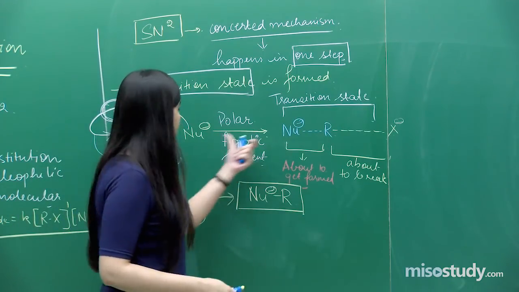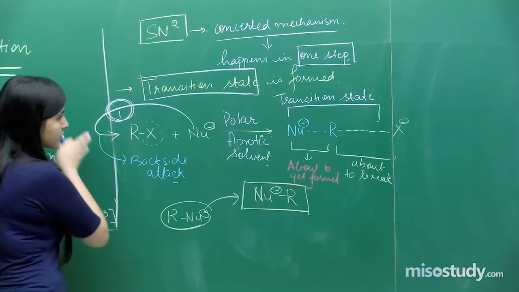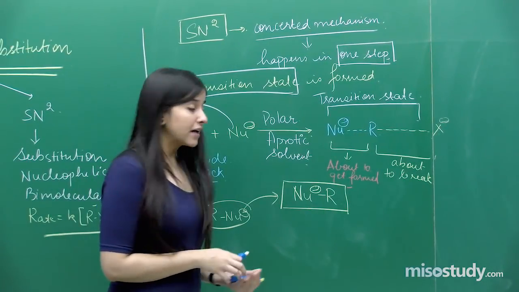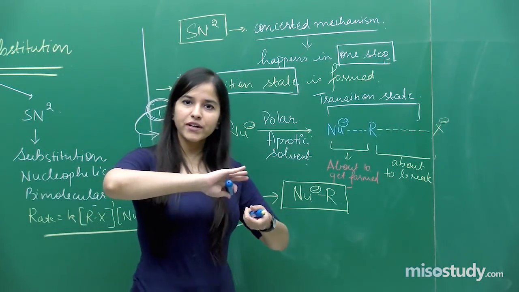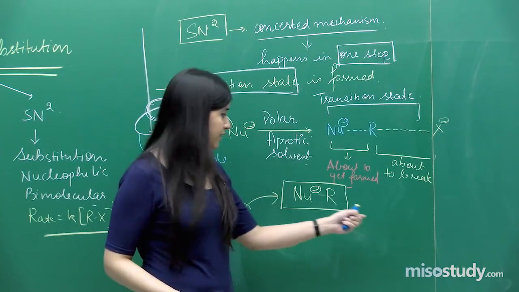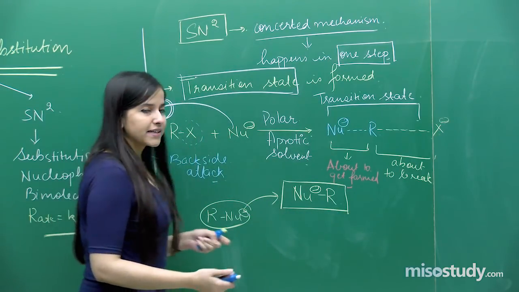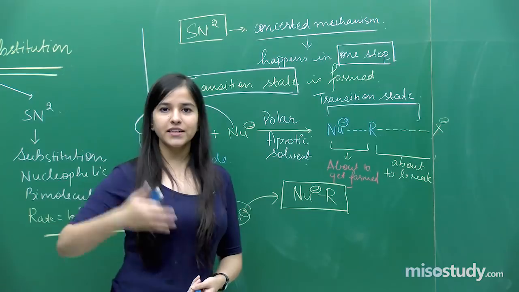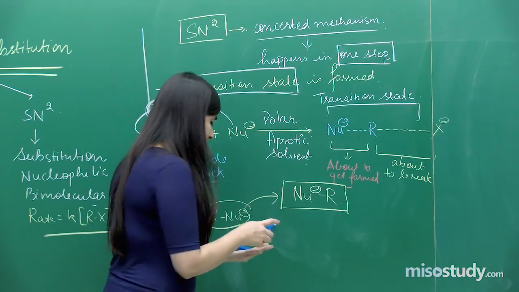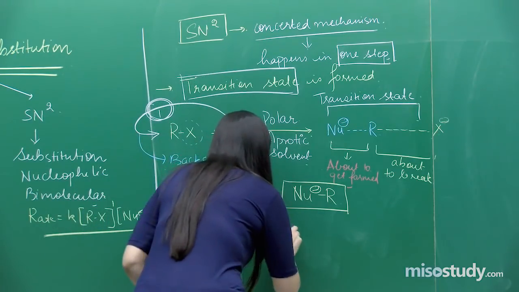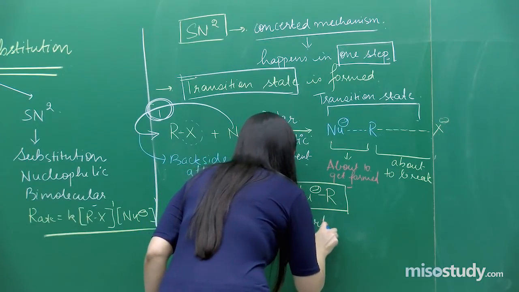That means now the nucleophile has been attached from the back side. Thereby, we got an inverted product. You can see, I am not getting the usual product that I was getting in the Sn1, but the inverted one, right? So this is the inverted product that we have got.